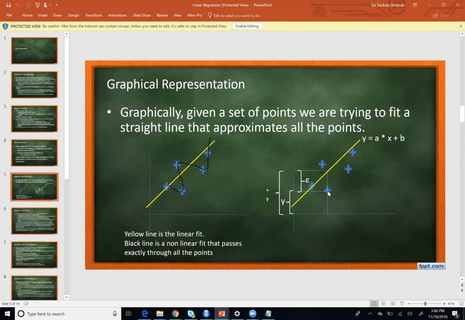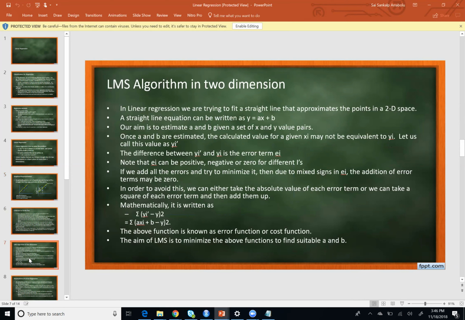Even though the point is here, we are predicting that the y value is going to be this much higher. Let's call this yi prime. The difference between yi prime and yi is determined by the term ei. Note that ei can be positive, negative, or zero.